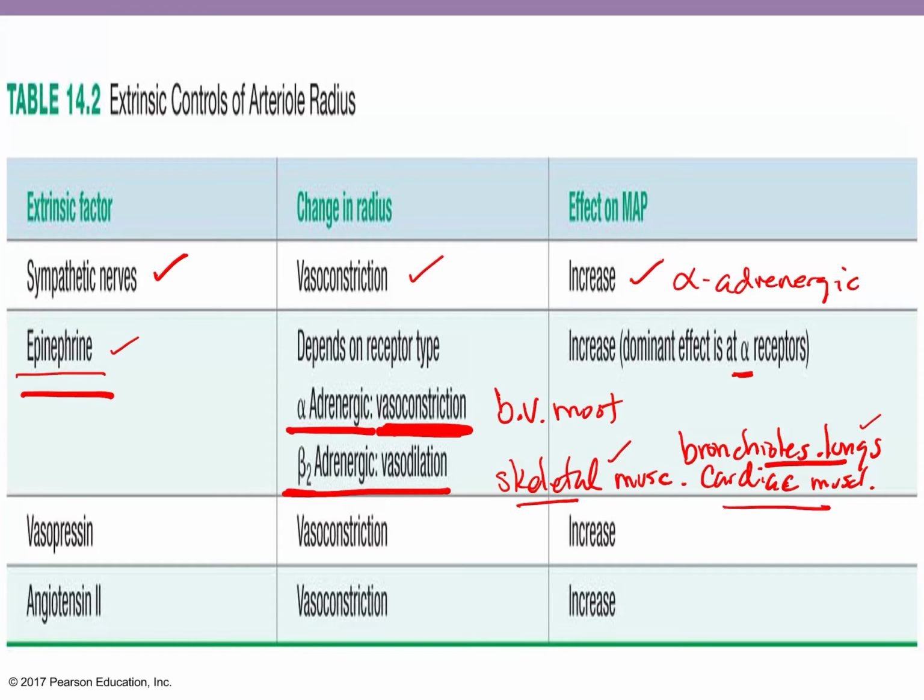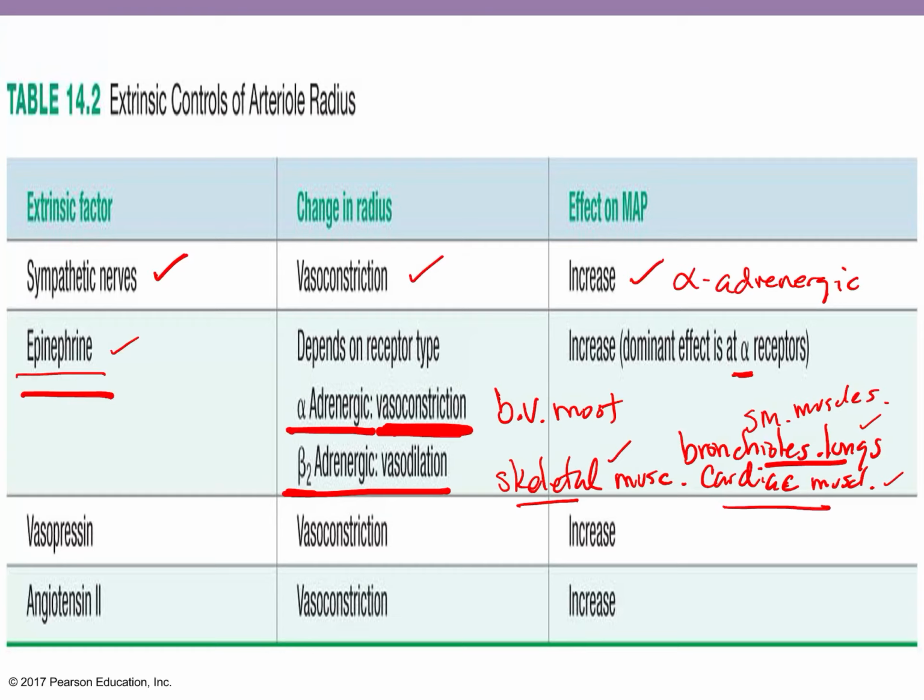It opens up those blood vessels, allows more blood to go there, because those cells, your skeletal muscle, your lungs, and your heart, are going to want to work very, very hard. So you need to dilate those vessels there. And also the bronchioles, there's actually smooth muscle on those airways of the lungs themselves, and you want more air to reach the lungs, and so those airways will open up and dilate.